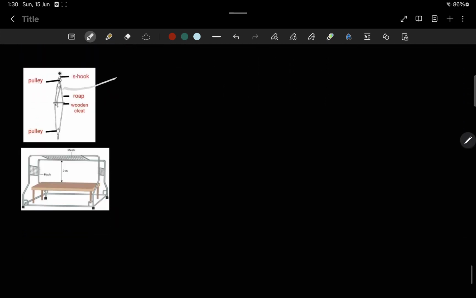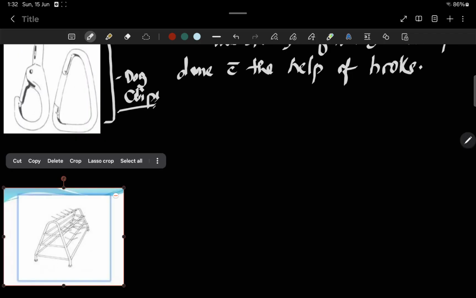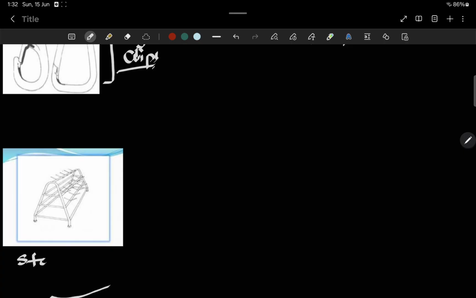This is the storage trolley. So this is the storage trolley. Okay.